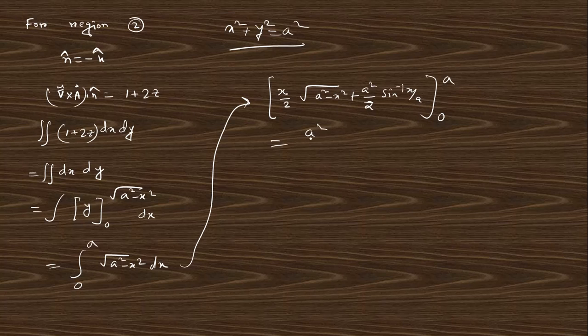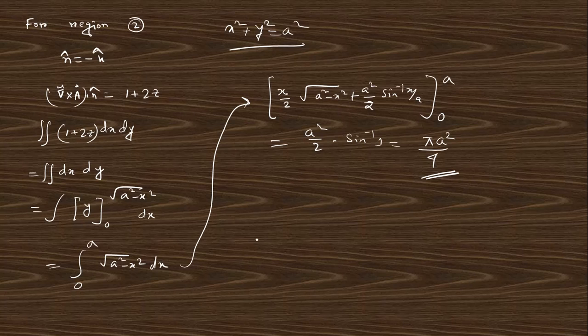Then sine inverse 1 is pi by 2, so this becomes pi square by 4. This is clear? Okay, this is the value.